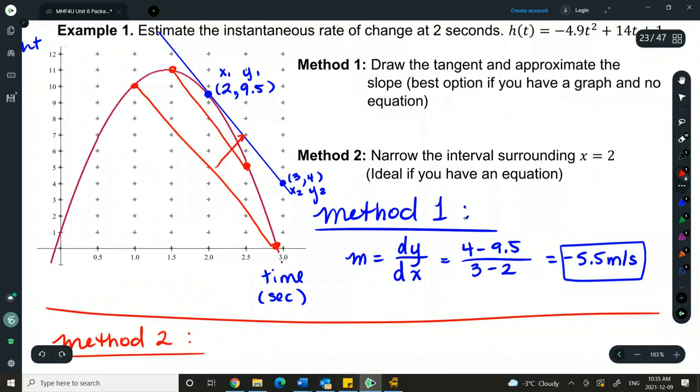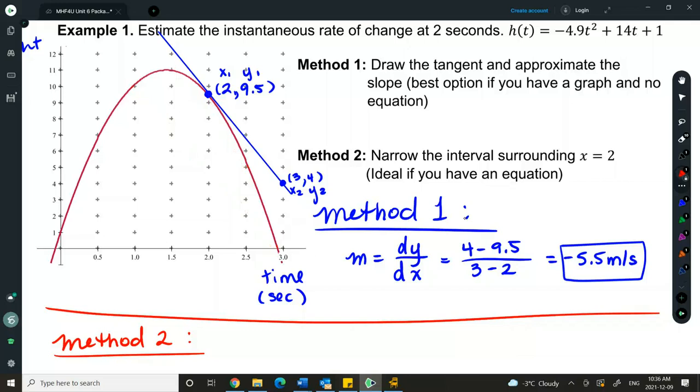See how these slopes are kind of similar to the slope of this tangent? So the closer I make this interval around 2, so if I moved this right on the opposite sides of 2 here, and I created a secant line there, that's going to be even more similar to the slope of what my tangent line should be. So the smaller I make the interval around there, the closer my estimate will be to what the actual tangent line is. So that's the thought behind this method.